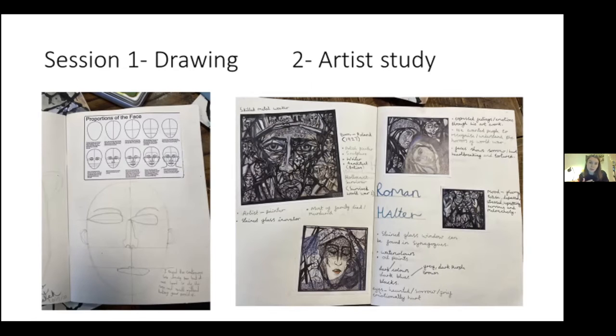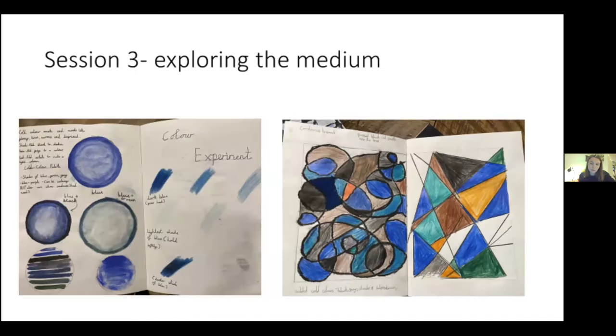That's often what I've done, because sometimes it's just a bit much. So I use sketchbooks as a holding activity, and they make sure that their sketchbook work is all complete.